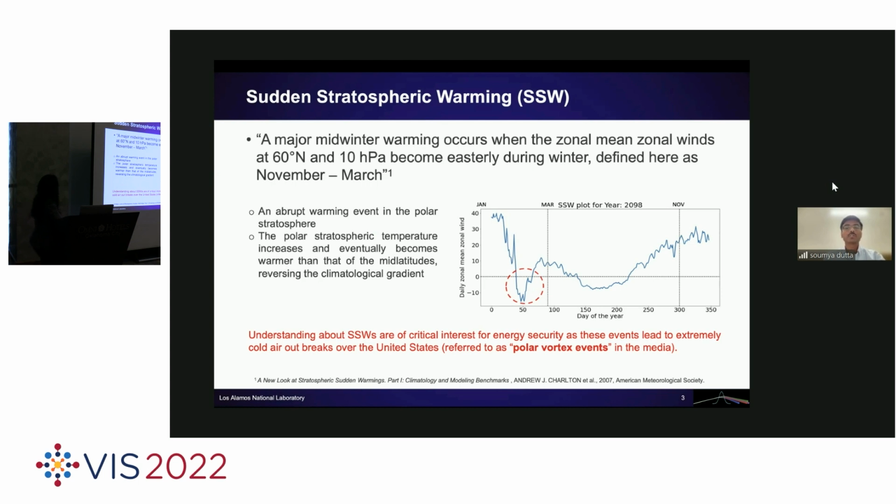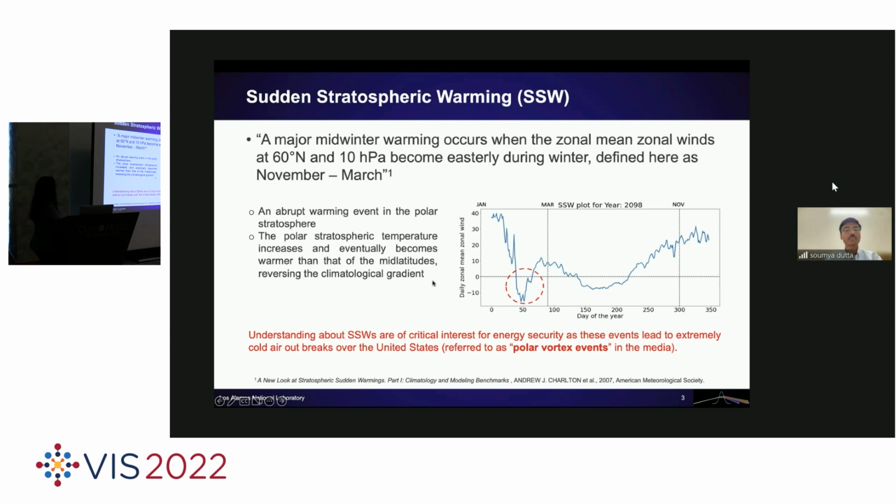And as you can see on the right-hand image, I'm showing a plot where the x-axis indicates the day of the year, and the y-axis indicates the value of this measure. And we see highlighted in red a sequence of more than 10 days where the value of this measure is negative. So that's an SSW event, because it satisfies this particular definition of SSW.